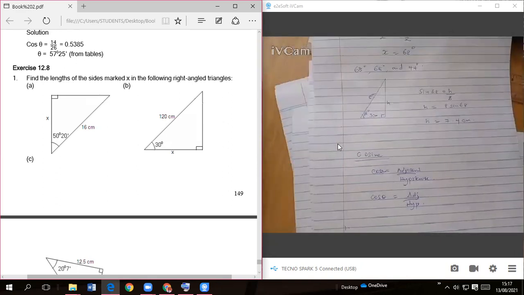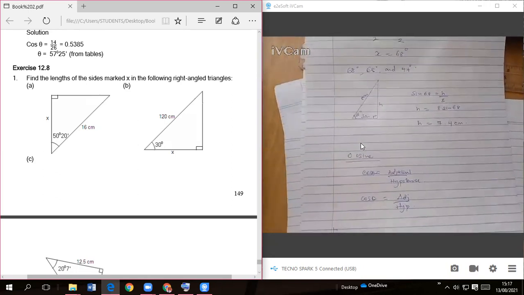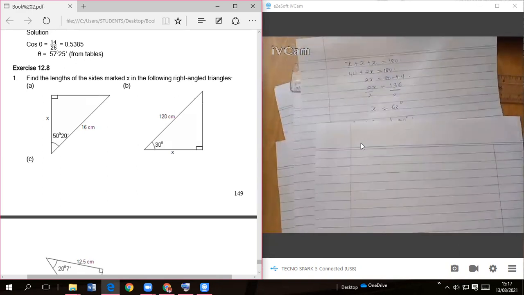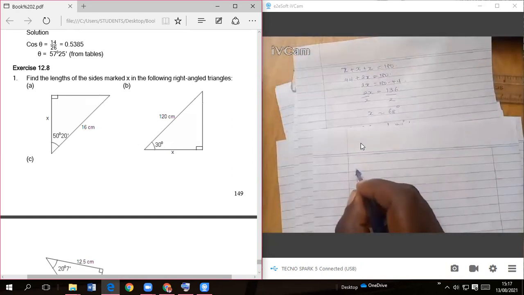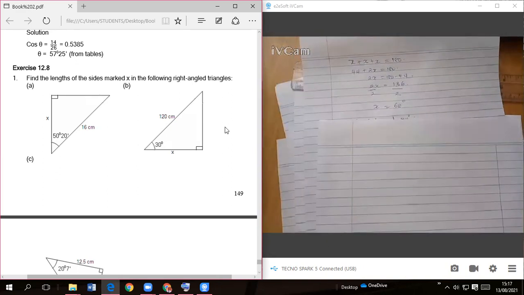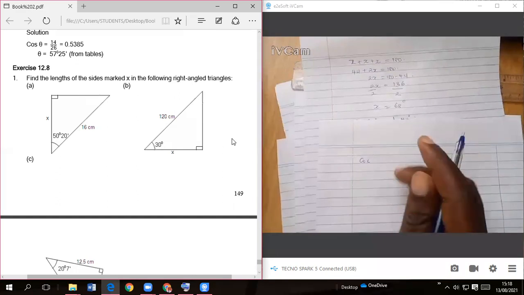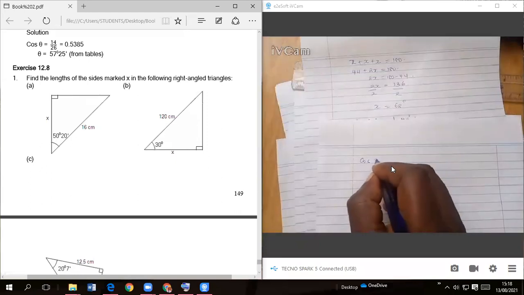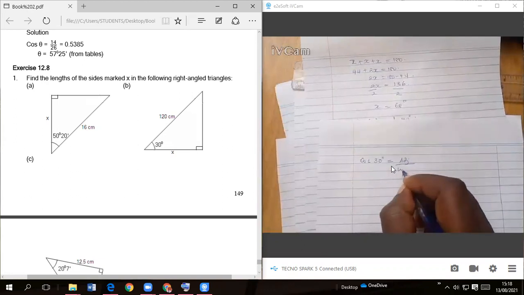To determine the value of X, we are going to use cosine. From the diagram that you are seeing here, we have cos of 30 is equal to the adjacent out of the hypotenuse.